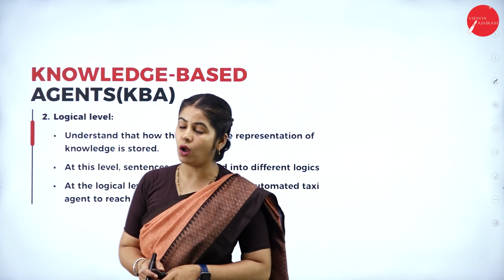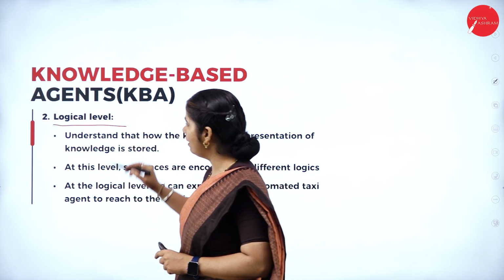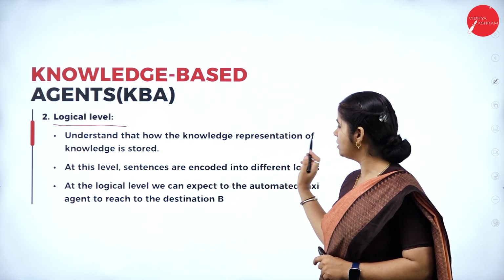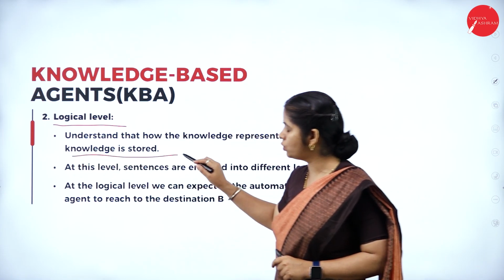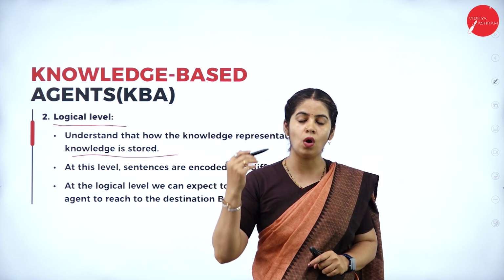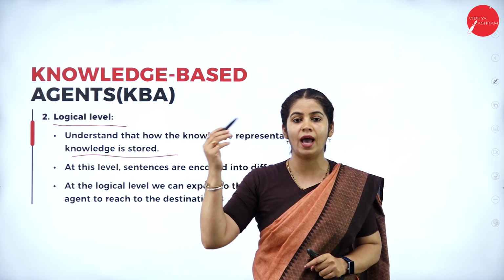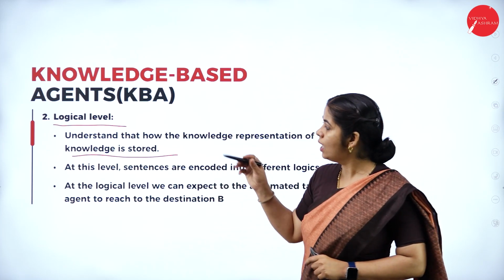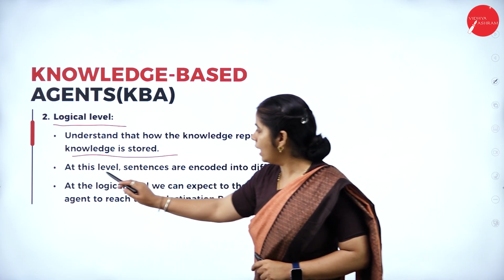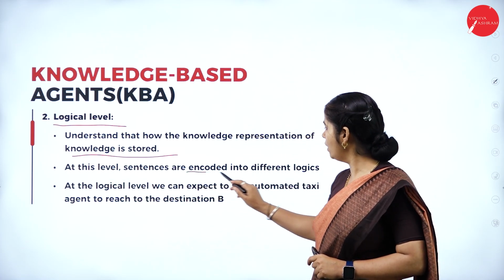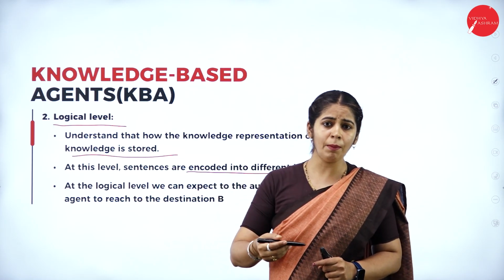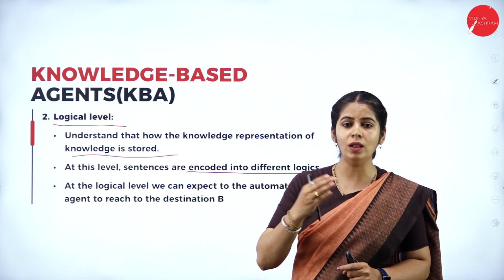When it comes to the logical level, what is the second level? The logical level understands how the knowledge is represented and stored: in which logic, in which proposition we have implemented that knowledge. At this level, the sentences are encoded into different logics by implementing the logical rules.